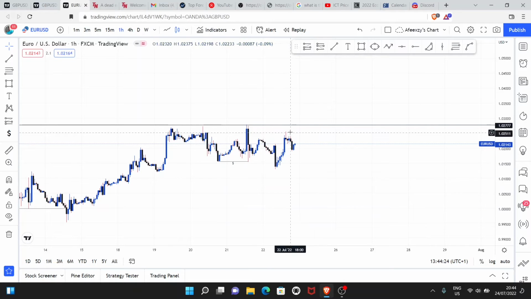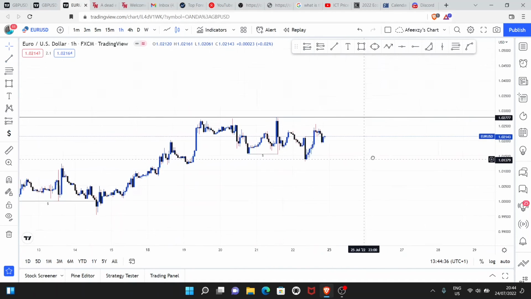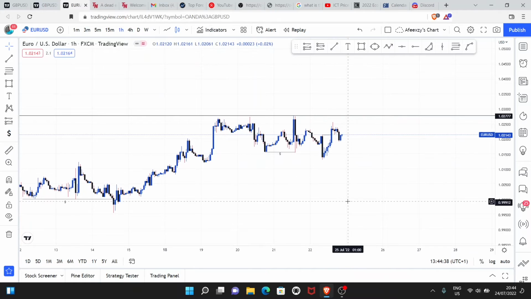But right now, I can see a change of structure here on the 1 hour time frame, so I might say we are bullish. Let's see how it plays out next week on EURUSD.